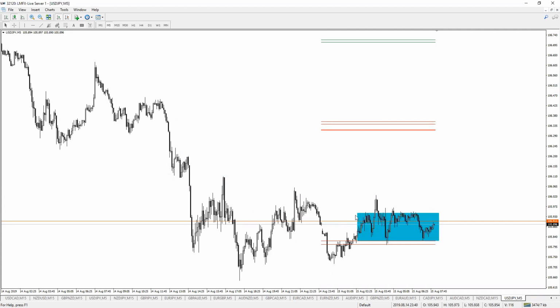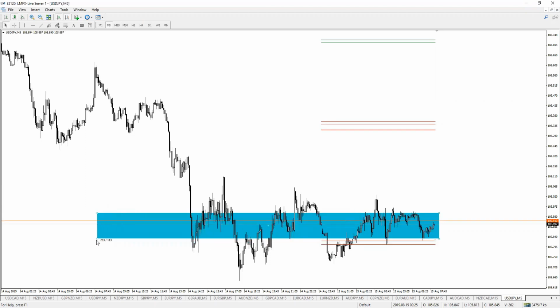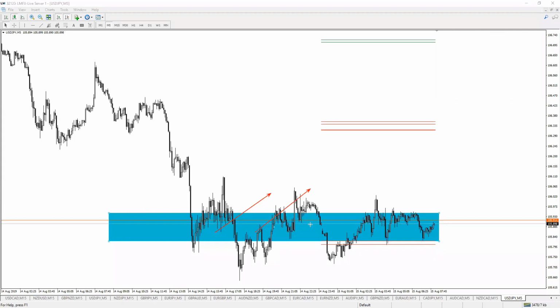But even if you drag it past that, you're looking at this pretty decent area of consolidation. So it might take a news event or some sort of pressure to move things out of this territory. But definitely expecting USD JPY to go upwards.